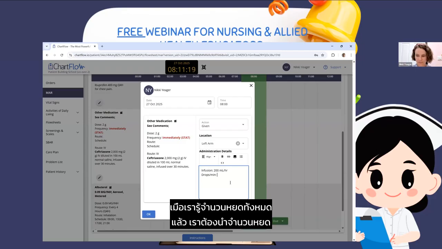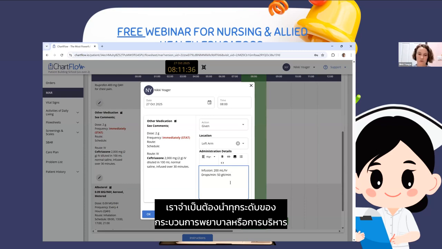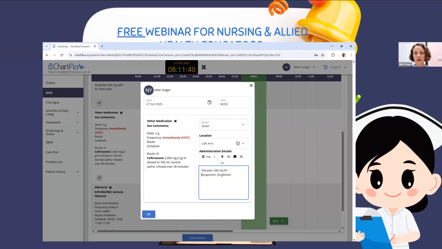Now that we know how many drops in total, we need to divide it by the amount of minutes. In total, we are going to end up with 50 GTT per minute. This is important because we need to incorporate all levels of the nursing or medication administration process when they're doing med math.